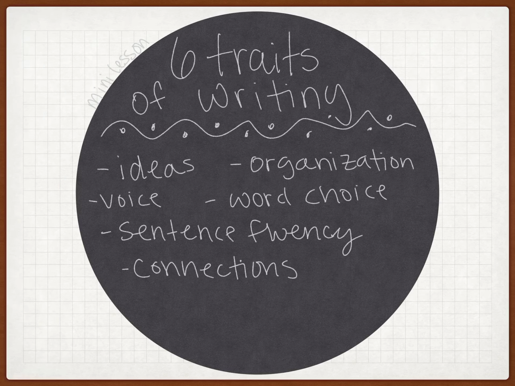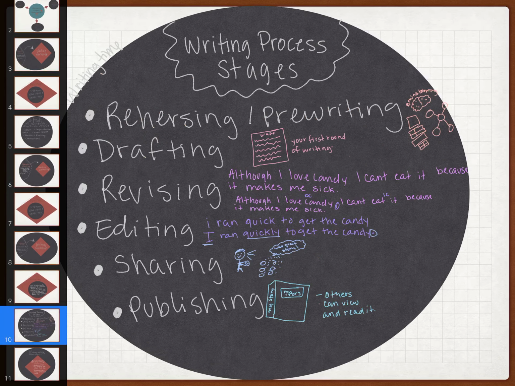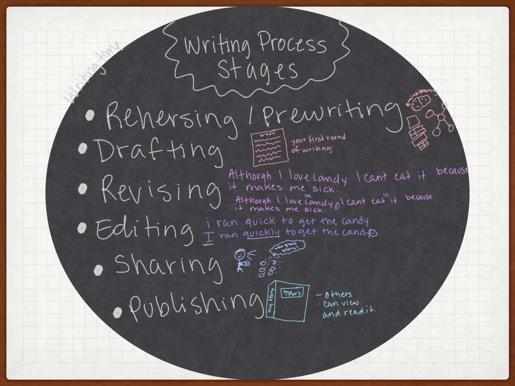They're going to be looking through them in their writing in the writing process and through their revising. And so one of the ones that I did was sentence structure, and it was, although I love candy, I can't eat it because it makes me sick. And then I edited it by adding the comma between the candy and the I.